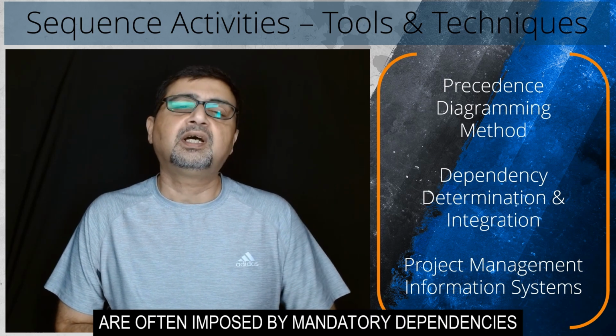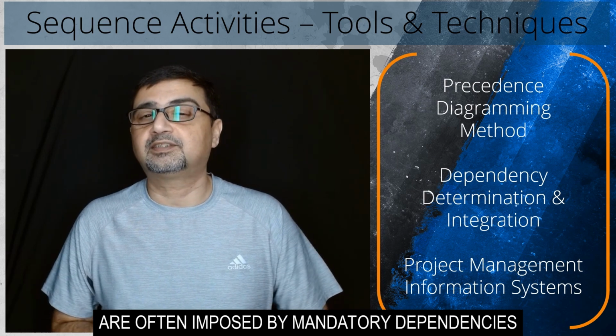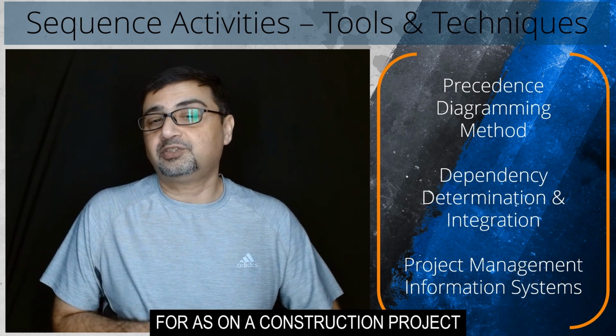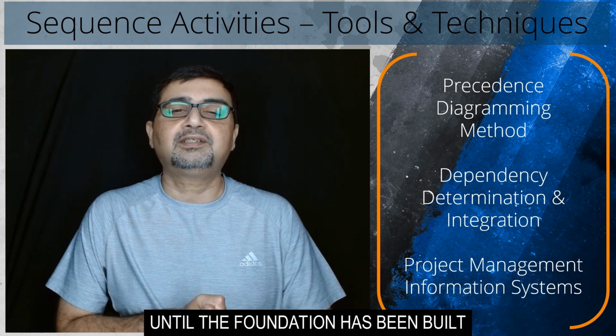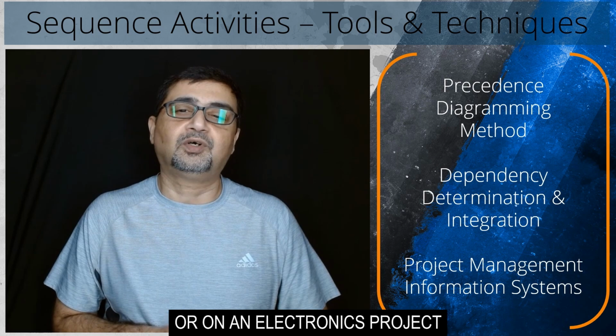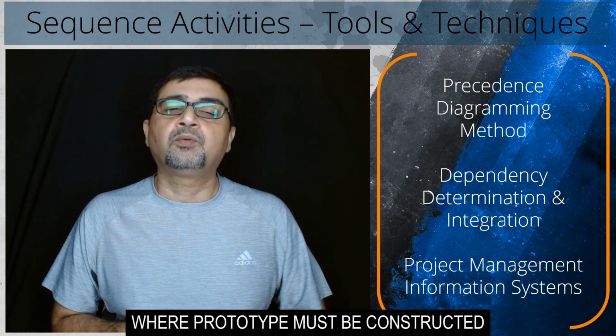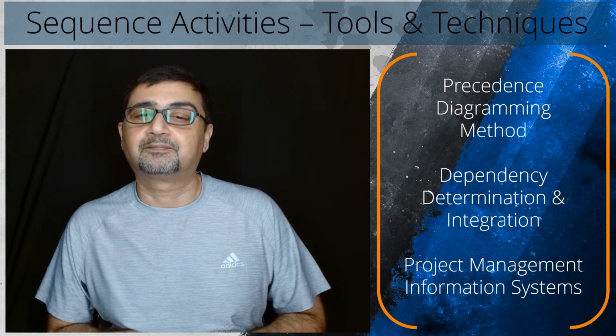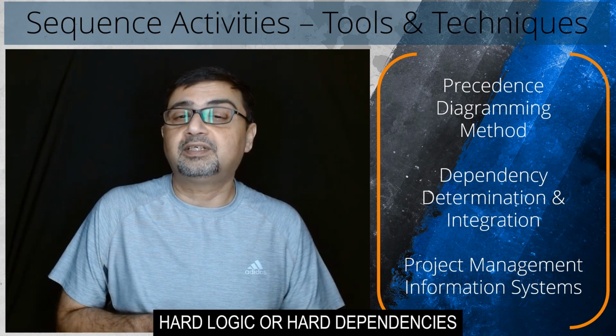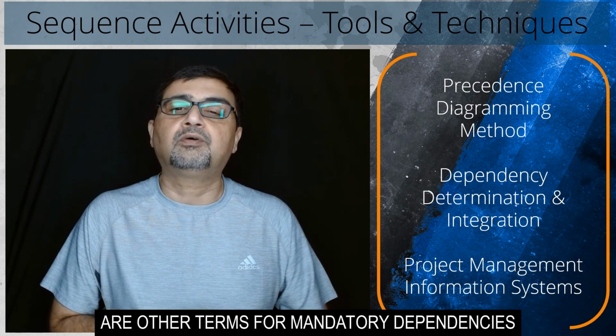Physical restrictions are often imposed by mandatory dependencies, as on a construction project where it is impossible to raise the superstructure until the foundation has been built, or on an electronics project where a prototype must be constructed before it can be tested. Hard logic or hard dependencies are other terms for mandatory dependencies.